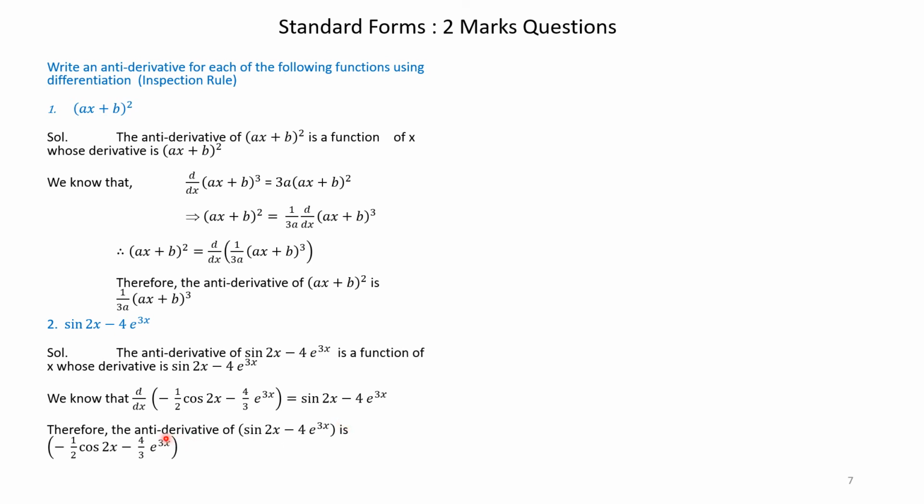Therefore, the antiderivative of sin 2x minus 4 e to the power of 3x is minus half cos 2x minus 4 by 3 e to the power of 3x.